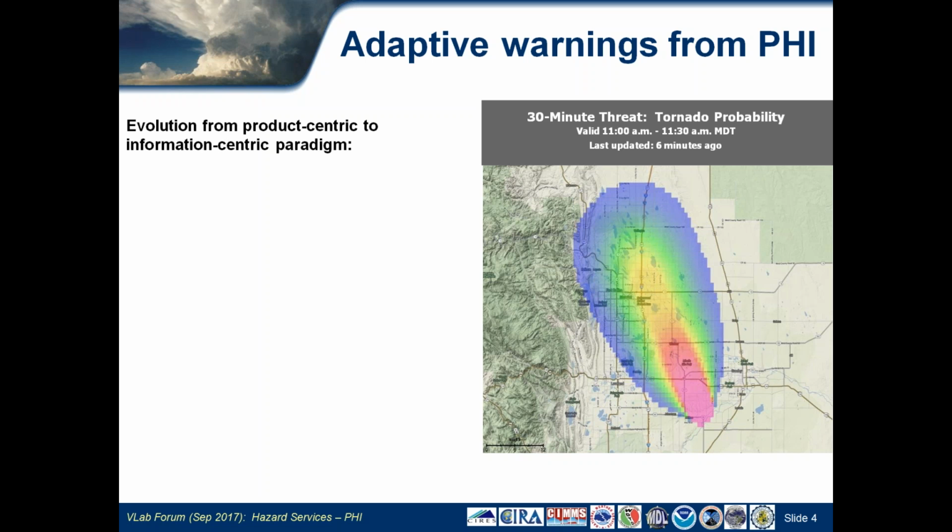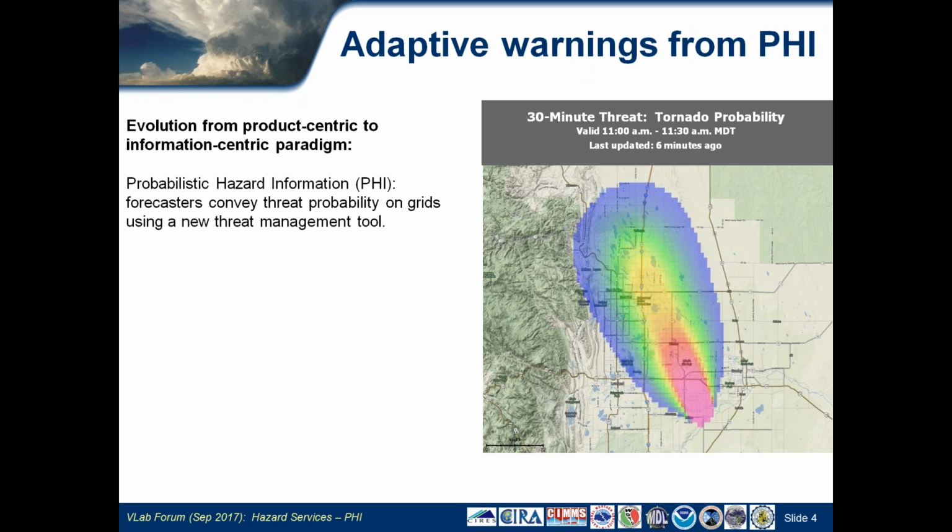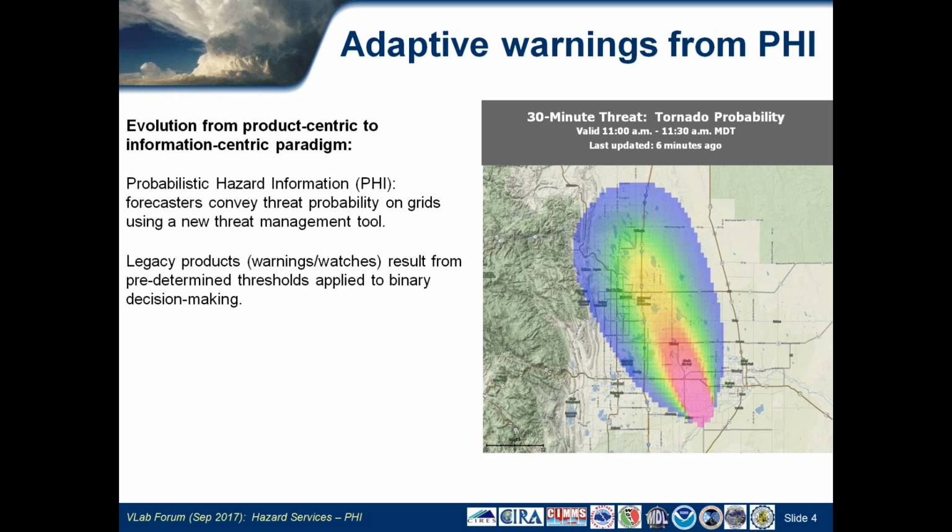And essentially what we're doing is we're evolving from a product-centric to an information-centric paradigm where the forecasters are providing information from which products can be derived. So we're going to have the forecasters convey the threat probability in grids using the new threat management tool, which is what Hazard Services PHI is designed to do.